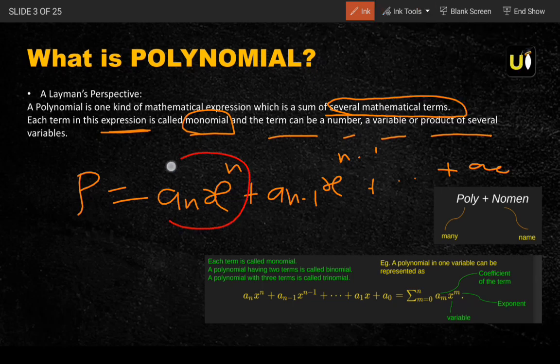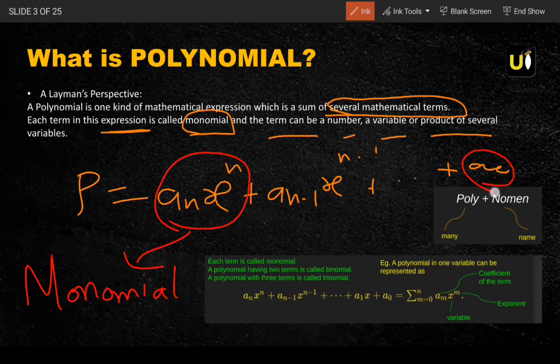A monomial can be a number, it can be a_0, or it can be a_n x^n, or it can be a_n x^n y^n. So here there are two variables. So basically a monomial can be a number, a variable, or a product of several variables. So that is the basic definition of a polynomial.